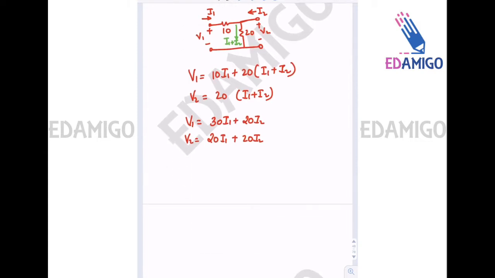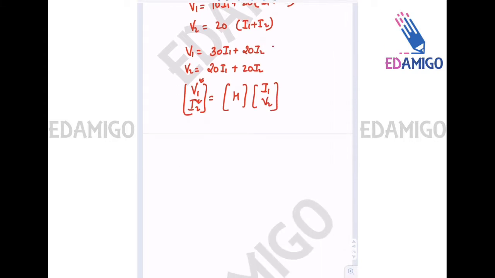Now in H parameters we find V1 and I2 in terms of I1 and V2. So this is equation number 1, this is equation number 2.